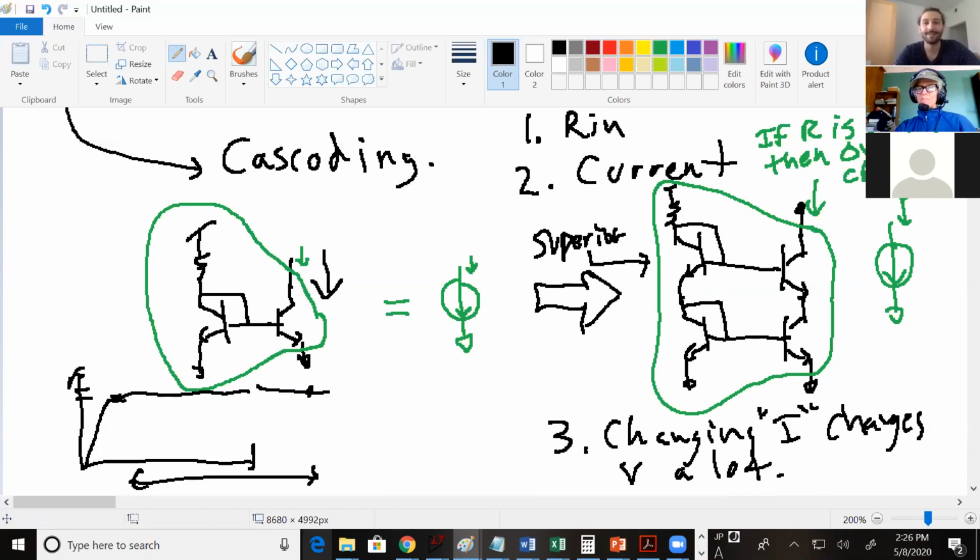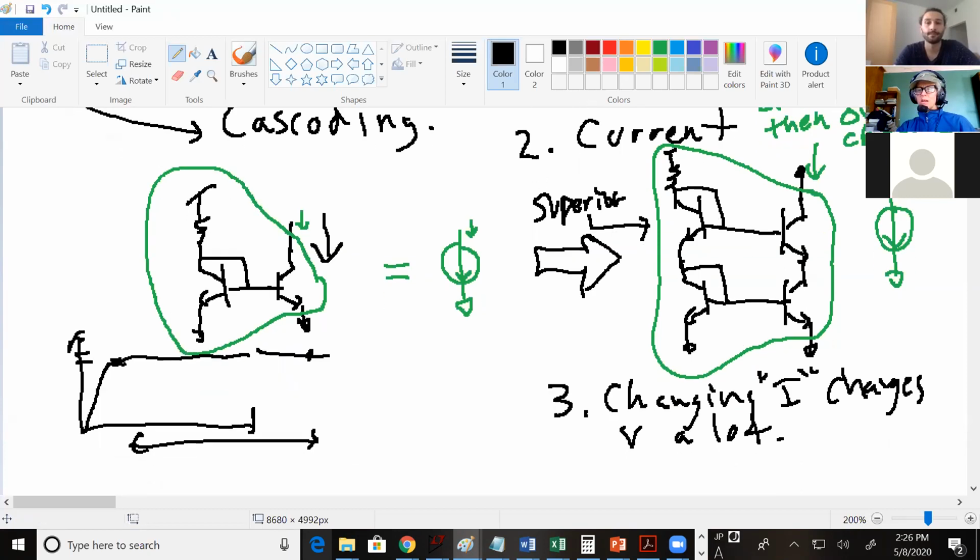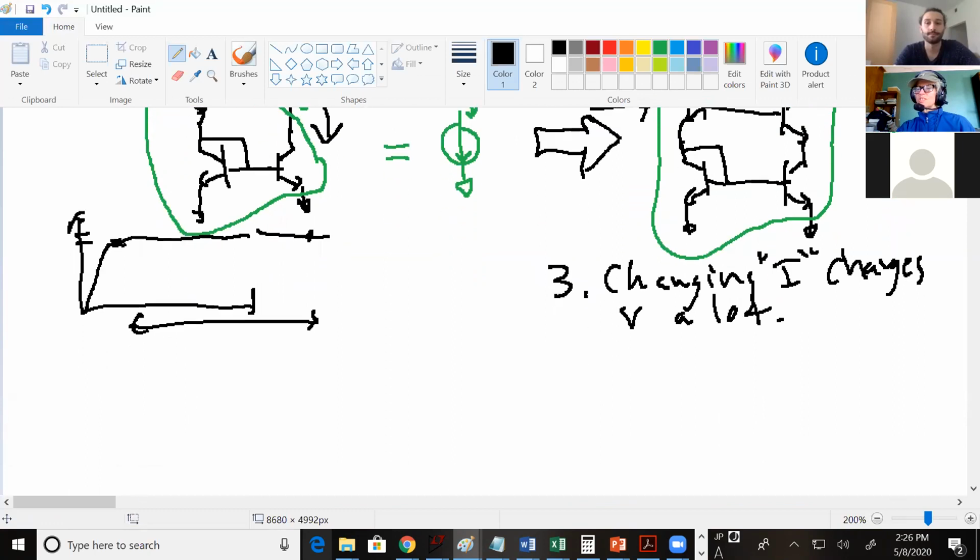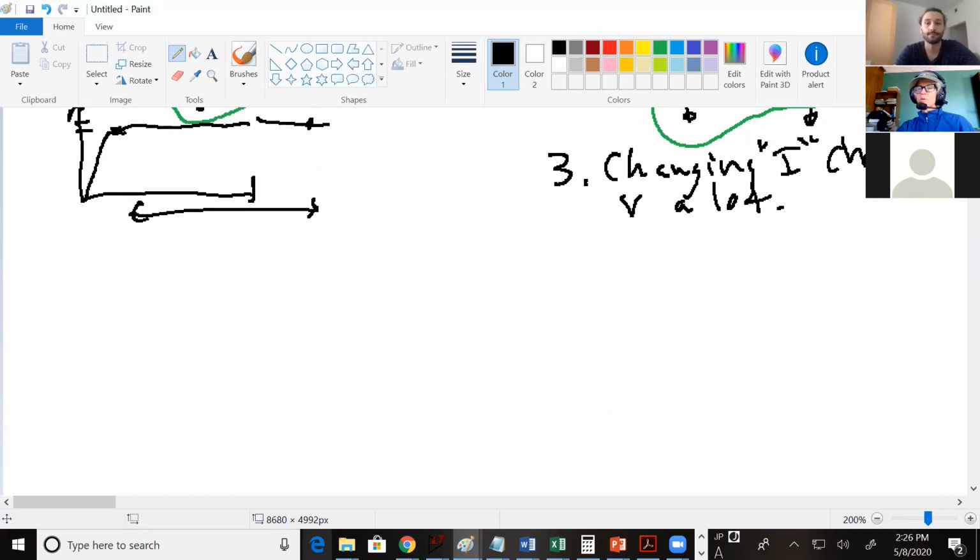And where might that be useful? It's useful when you want a constant current. When the current changes, the voltage changes a lot. Where might that be useful? Can you think of a place where you're throwing current across something to generate a voltage?